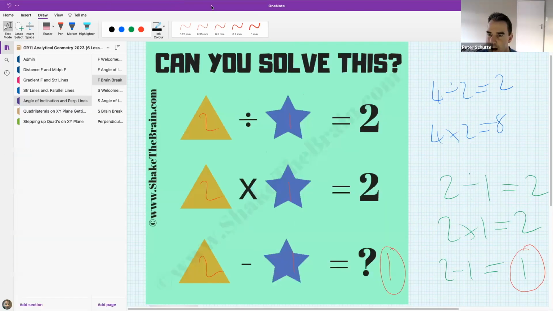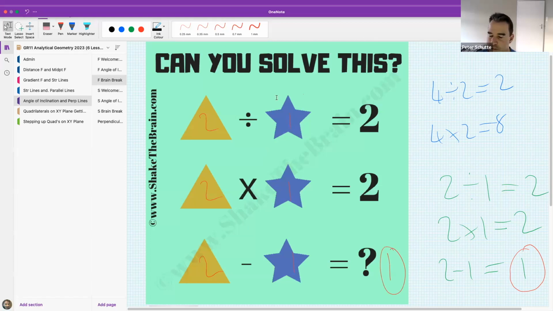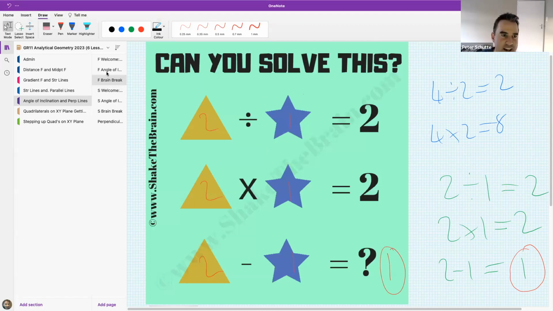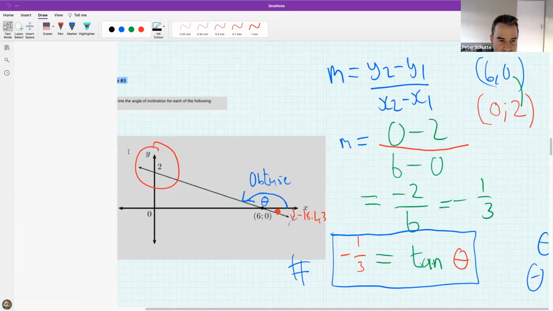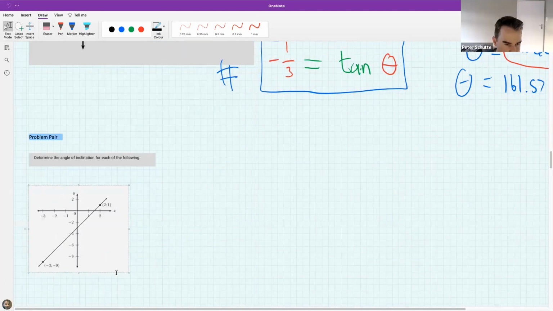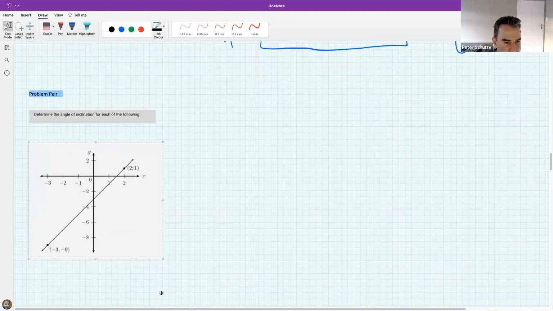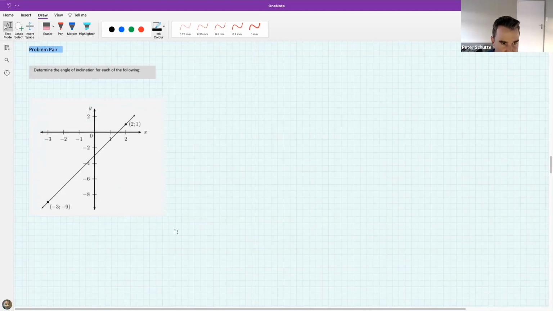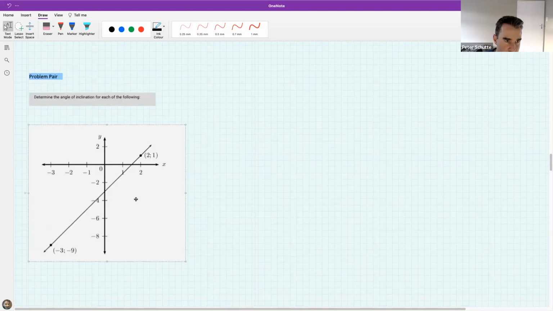Okay, so I hope that you are feeling a bit refreshed after your brain break. Let us return to the journey that we were going on here. I want to give everyone a chance to try and do this one. We're going to find the angle of inclination of this one.